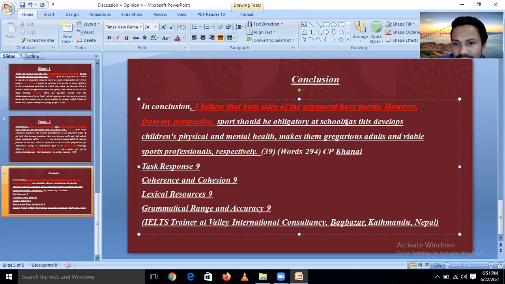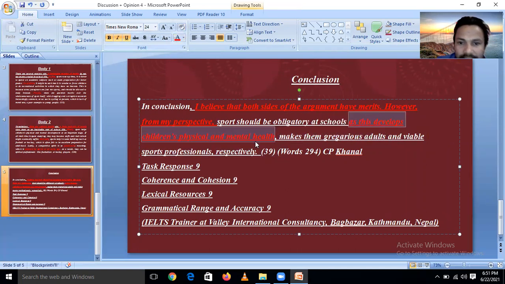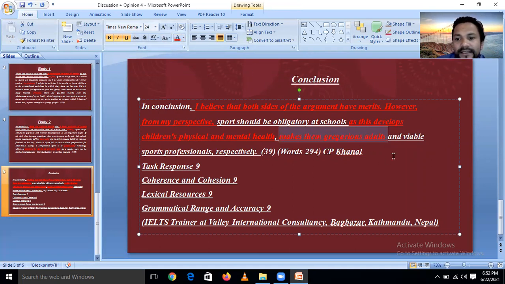You need to again restate as, because, since this develops children's mental and physical health. Yeah, point number one. Then makes them gregarious adults, means sociable adults. Second point. Then and viable sports professionals respectively, and they can make the people viable professionals or sports professionals respectively.